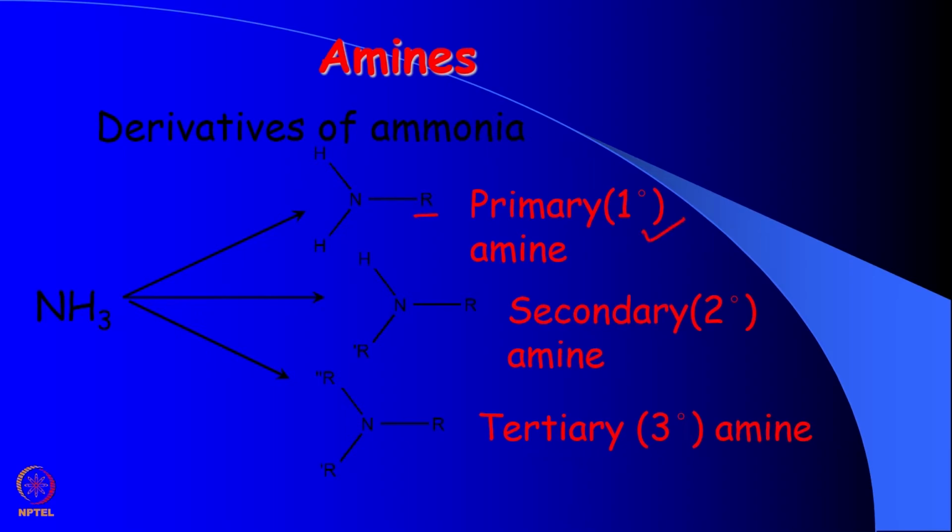You replace 2 hydrogens with 2 alkyl groups, then it becomes a secondary amine, and the third hydrogen if you replace with a third alkyl group or aryl group, it becomes a tertiary amine. So, these 3 different types of amines respond to different types of tests, which we will learn in a different course.